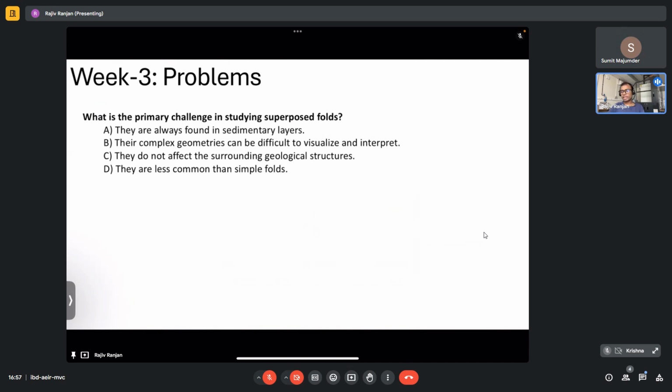What is the primary challenge in studying superposed folds?